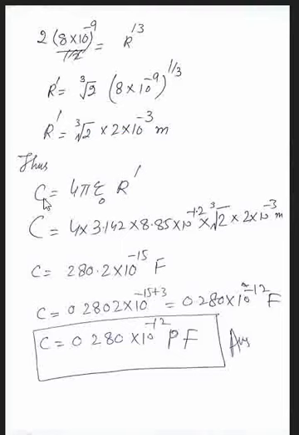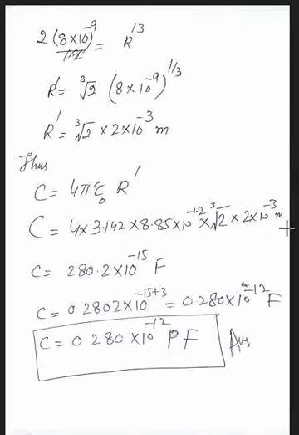So C will be equal to 4 pi epsilon naught into r dash. Put the values of r dash here. 4 into pi, which is 3.142, into epsilon naught, which is 8.85 into 10 to the minus 12 in SI units, into r dash, which is 2 cube root into 2 into 10 to the minus 3 meters.